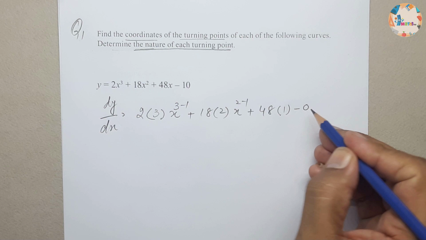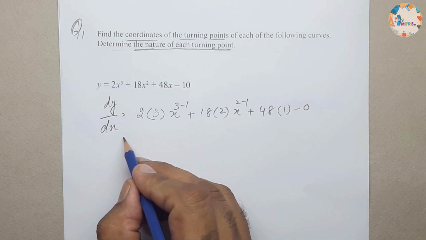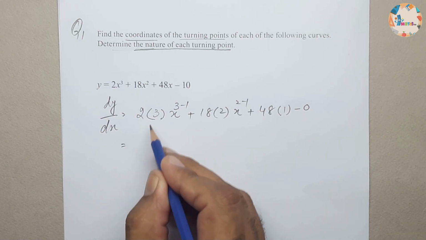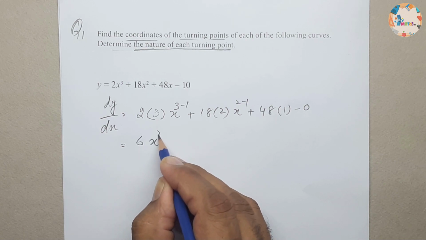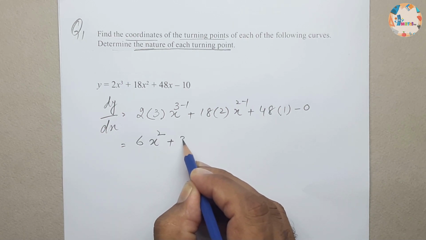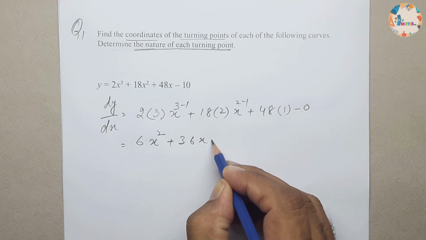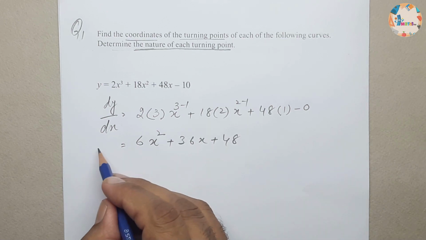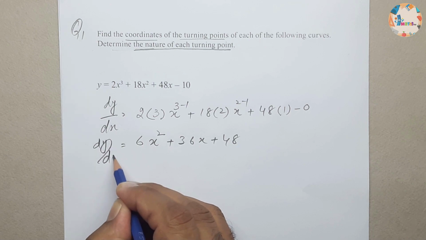We can write this as 2 into 3 will be 6x squared plus 36x plus 48, and this will be our dy by dx.